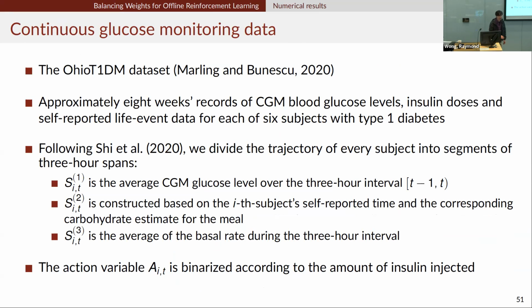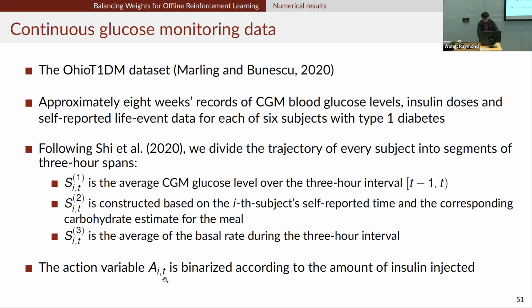So N is 6, very small, but we have longer trajectories. We follow a recent work and derive 3 state variables. The first is related to the glucose level, the second is related to the carbohydrate intake, while the last one is related to basal rate.